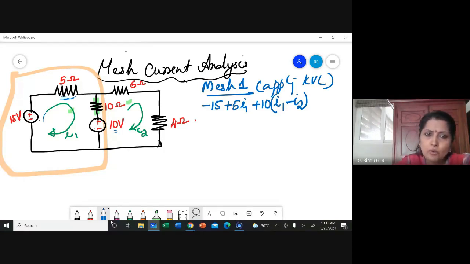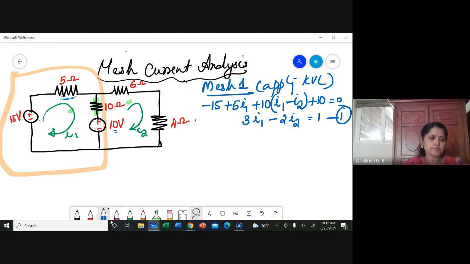And what about this voltage source? It is a voltage drop, so plus 10 equal to 0. I can rearrange the terms and reduce this equation into 3I1 minus 2I2 is equal to 1. That is equation number 1.